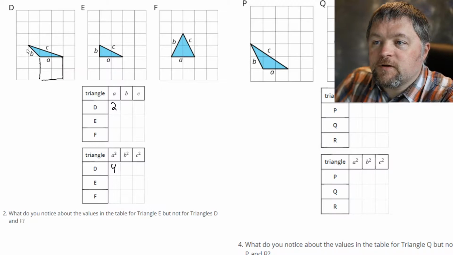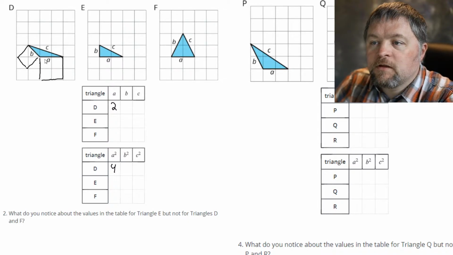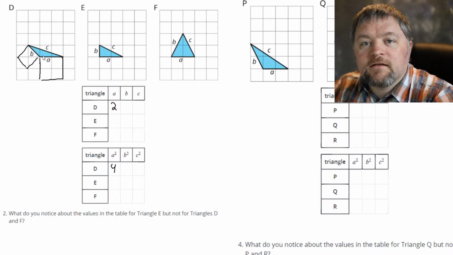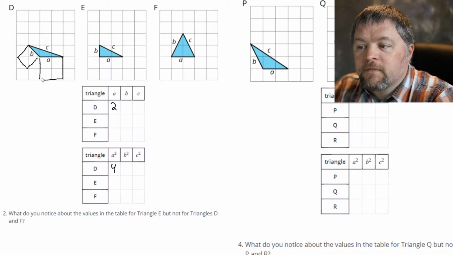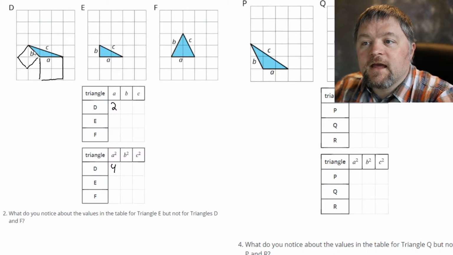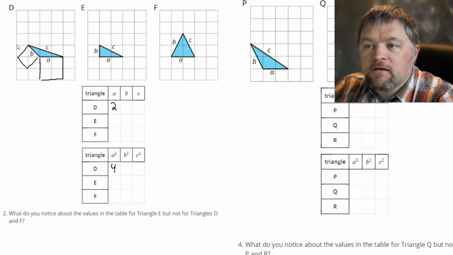Well, for this one, we kind of need to draw our square. So if we use this side length, side B, and draw a square off side B, we can then find the area of that square. This outer enclosing square is 2 by 2, so it would have an area of 4.